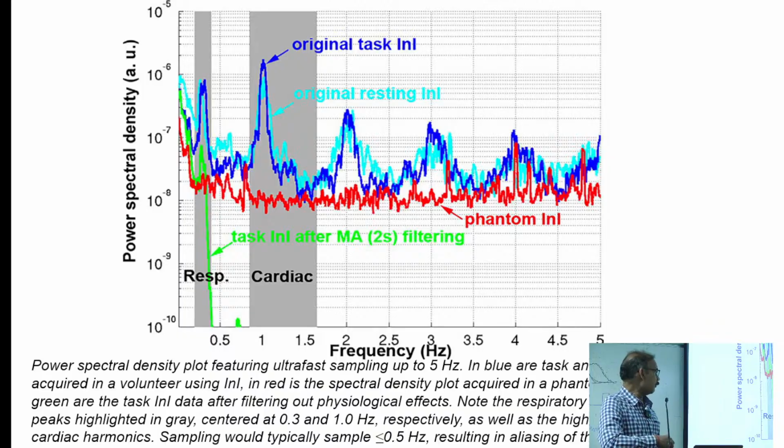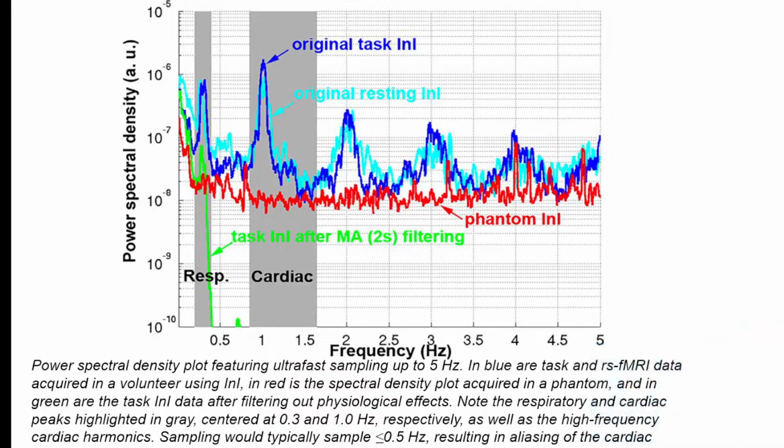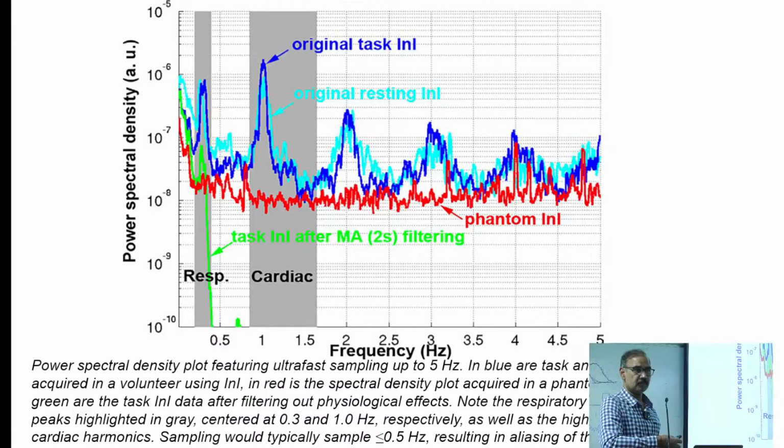Can anyone tell how frequently they collected data for this data set? So this is 5 hertz. So how fast did they collect the data? I think we had discussed this in the class, right?